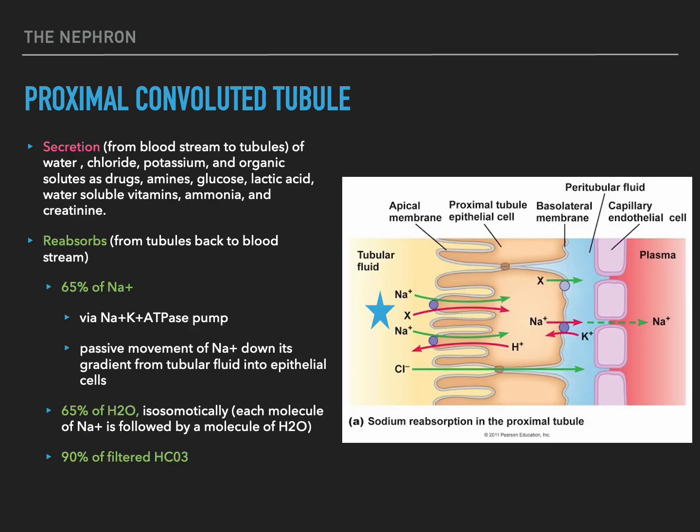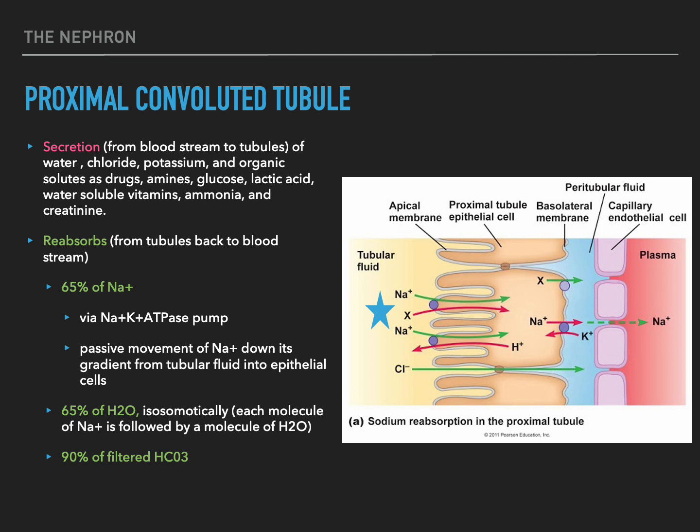Both secretion and reabsorption occur across the wall of the proximal convoluted tubule such that solutes and water can travel back and forth between the urine in the tubule and the bloodstream. Remember that secretion is when things travel from the bloodstream into the tubule where the urine is, and reabsorption is when things travel from the urine in the tubule back to the bloodstream.